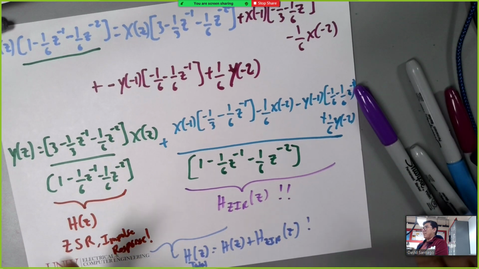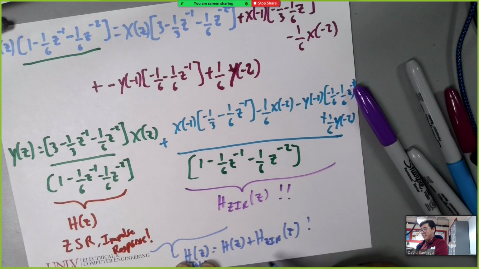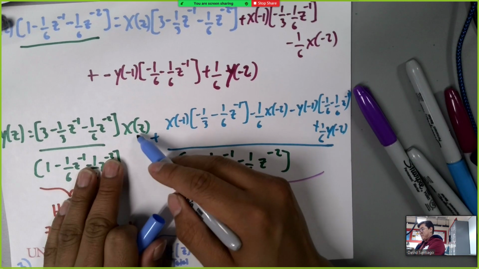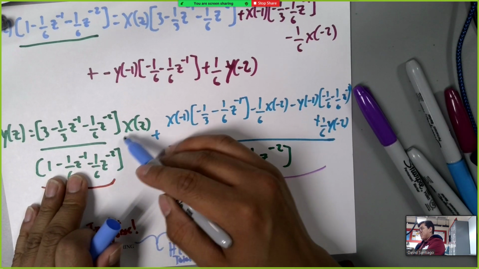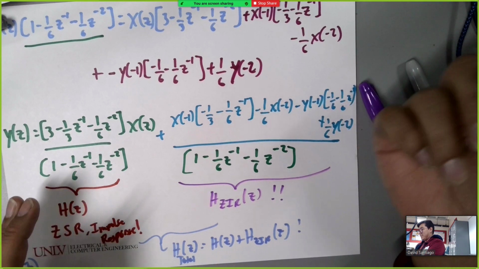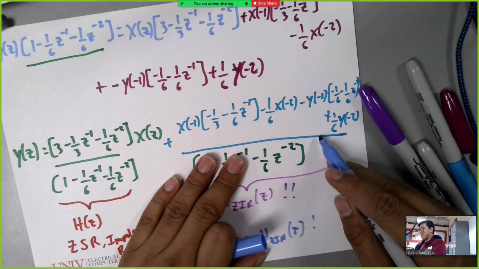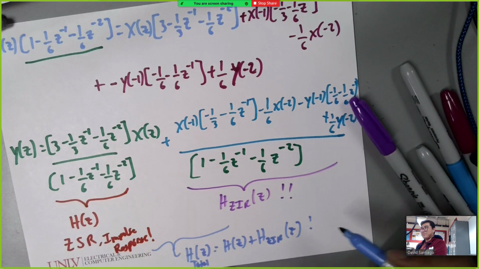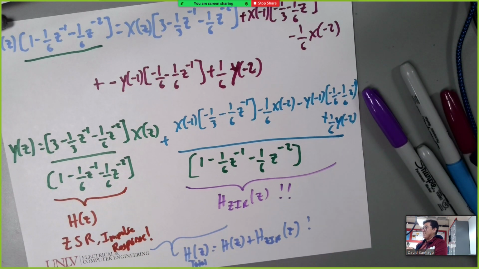Based on the properties of linearity, you can solve for this using whatever input, so a step response, an impulse response, or a sinusoidal response. And then this right here is just what these states do to your system. Add them together, linearity, done.